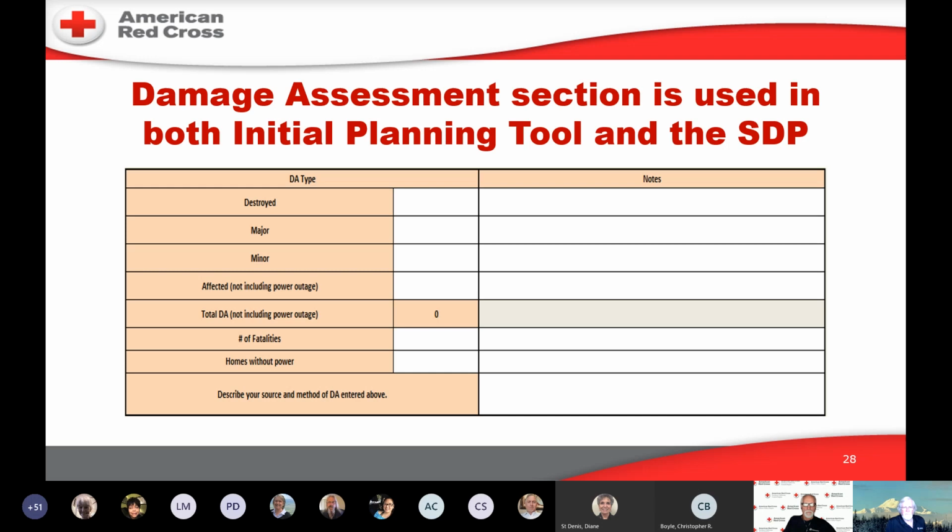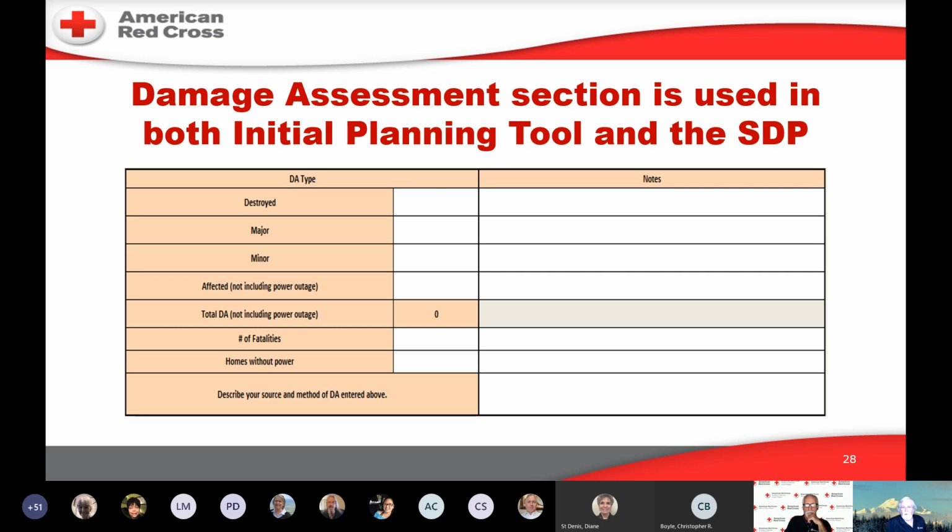That goes from major, minor, affected, not including power outage, total DA, should get that, and then total fatalities. Fatalities do get addressed through ICCT as we go through here. The cost of fatalities, or not cost, but the assistance for fatalities is up to $1,000 now, and that would be included.